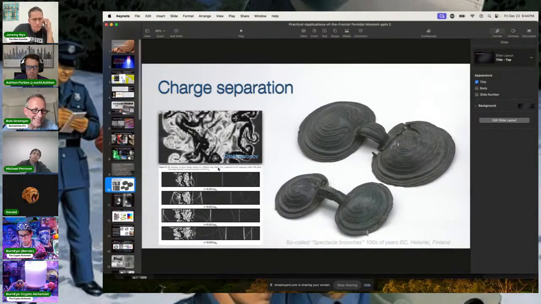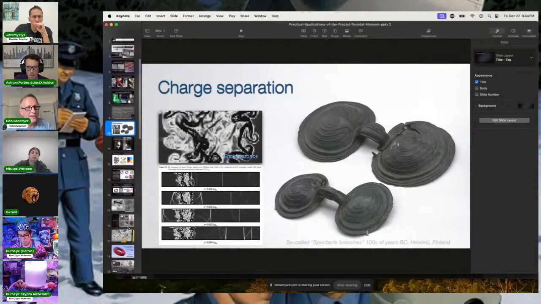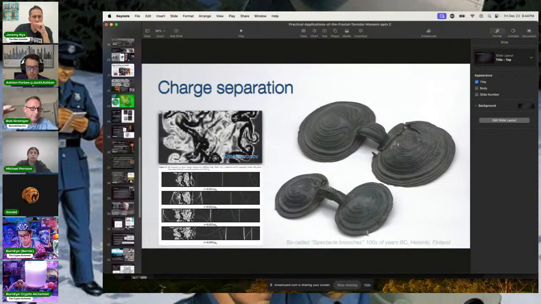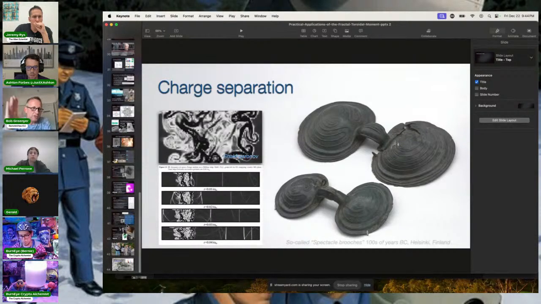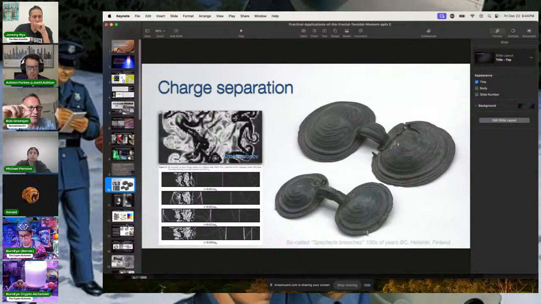You're seeing positive space charge, vortex and anti-vortex, and negative space charge, vortex and anti-vortex, and that sets up the space-time charge system that, when you hit it while it's in the process of doing that, produces this phase singularity, and that produces the topological monopole.